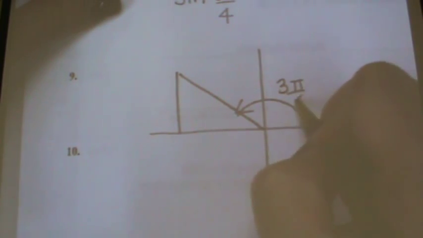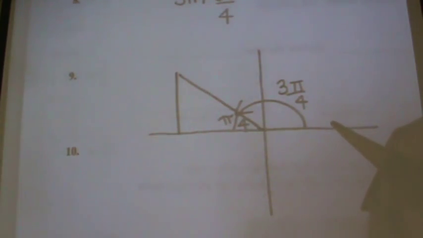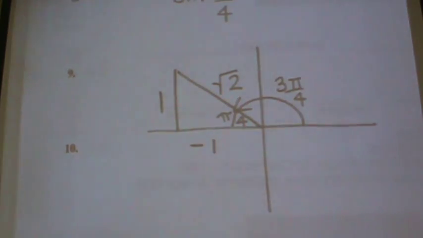If from here to here is 3 pi over 4, what's this reference angle? Pi over 4. It's a 45er. What are the ratios of a 45? 1, 1, root 2. But we've got to call that negative 1. Why do we call that side negative 1? Because it's in quadrant 2 and all the x values are negative in quadrant 2.